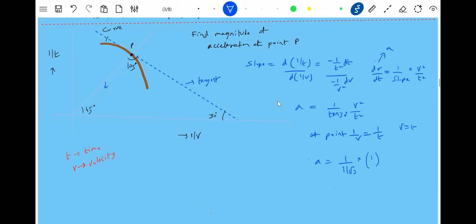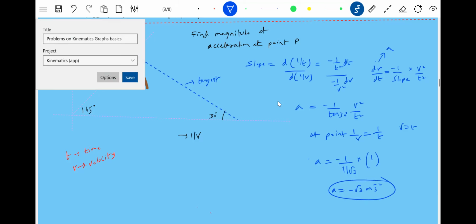With v equal to t, a equals root 3, with the negative sign if we leave it. This will be the acceleration.